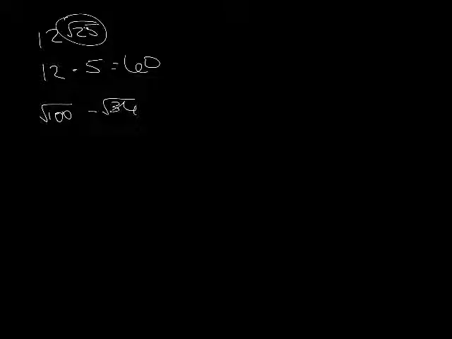That is the same as 12 times the square root of 25, which is 5. So we get 60 for our answer. The square root of 100 minus the square root of 36 is 10 minus 6 equals 4. So make sure you keep track of that, remember that.